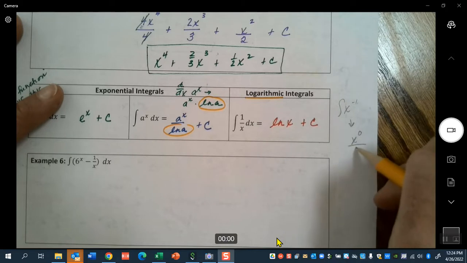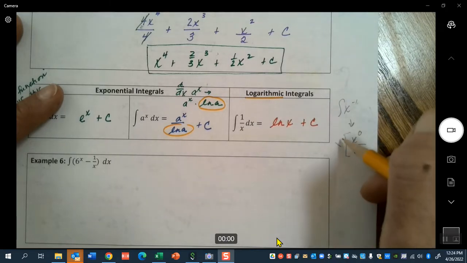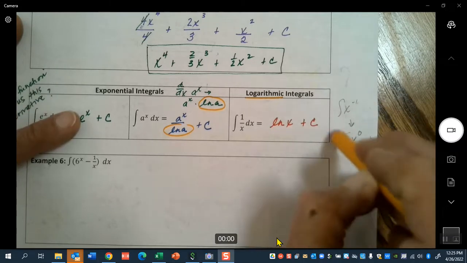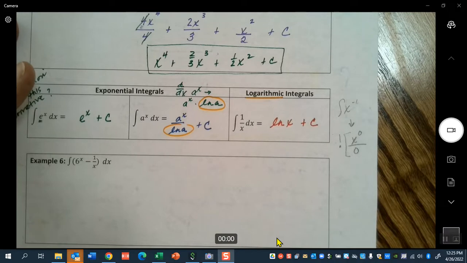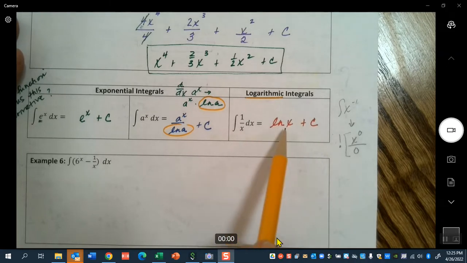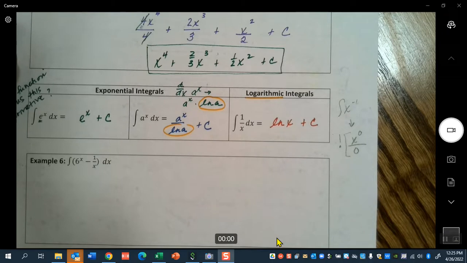And then I divide by that new exponent. This gives me something that can't be. So if I have a singular x, I need to recognize that that came from that natural log function, original function. That ends up being a little bit of a wormhole in mathematics.